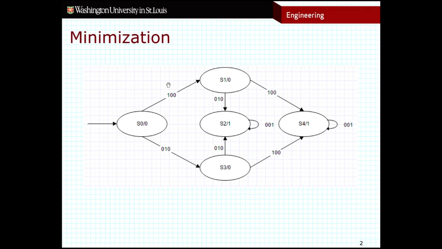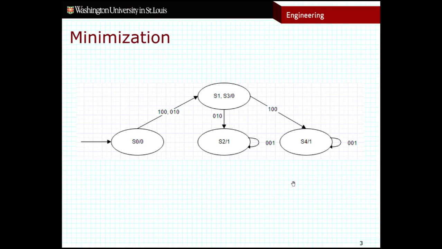So the question becomes, what do I do with the inputs to these states? I'm going to eliminate one of these. I'm going to eliminate S3 in this case, although I just as easily could have eliminated S1. It wouldn't make any difference as far as the minimization process is concerned. But I'm going to eliminate S3, and so the transition that's pointing to S3 from S0 now needs to point to S1, which is what we are saying is an identical state to S3.